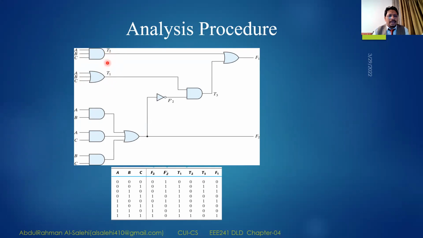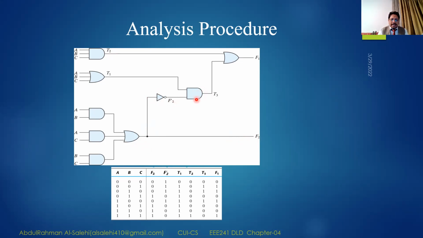The third one gives F2. And if I take the value F2 and give it an inversion, I will get F2 prime, or the complement of F2.